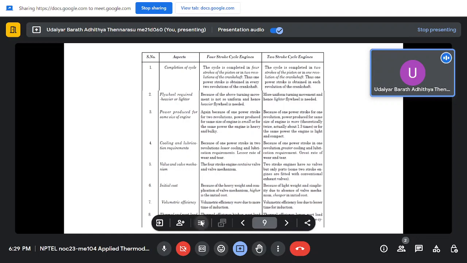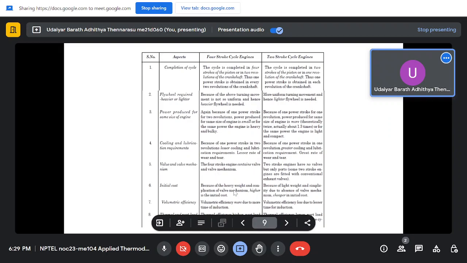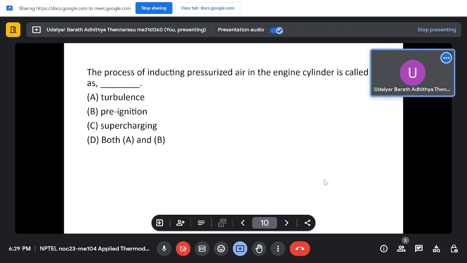And thermal and part load efficiencies: thermal efficiency will be higher and part load efficiency will be better than 2-stroke engines, and it will be poorer in the case of 2-stroke engines. So that is the comparison.